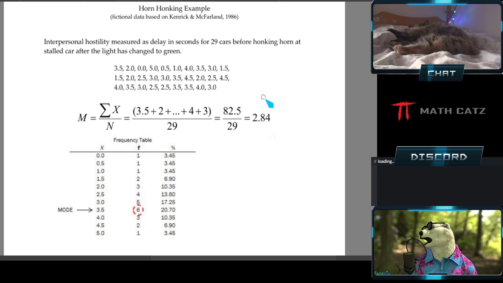So the mode here, I do have an example. If I look at my frequency table, the mode is the score that occurs most often. The score of 3.5 occurred 6 times.